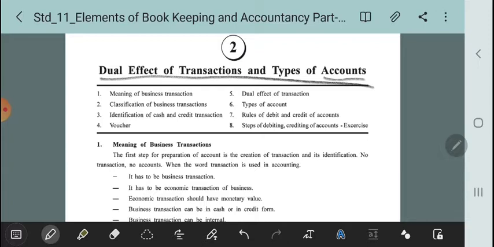For doing the main transactions of journal, ledger, and subsidiary book, which are enlisted in our index, which we will study further, we will need to understand this chapter fully with your full attention.